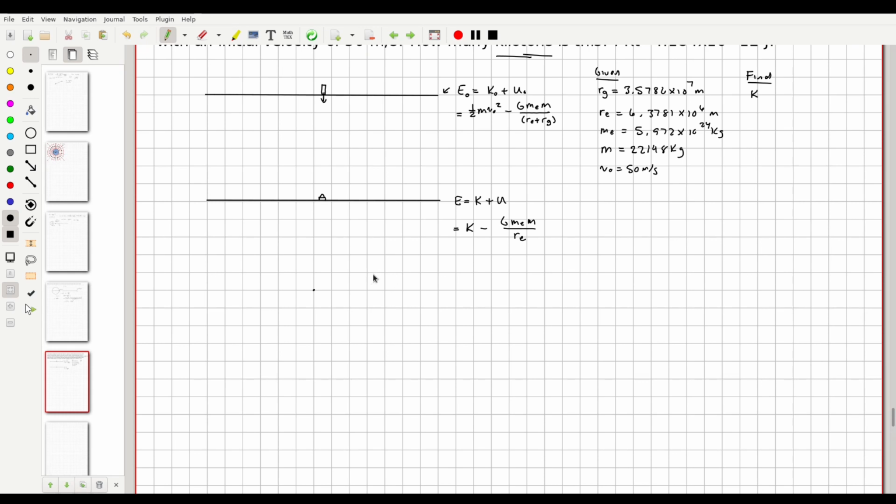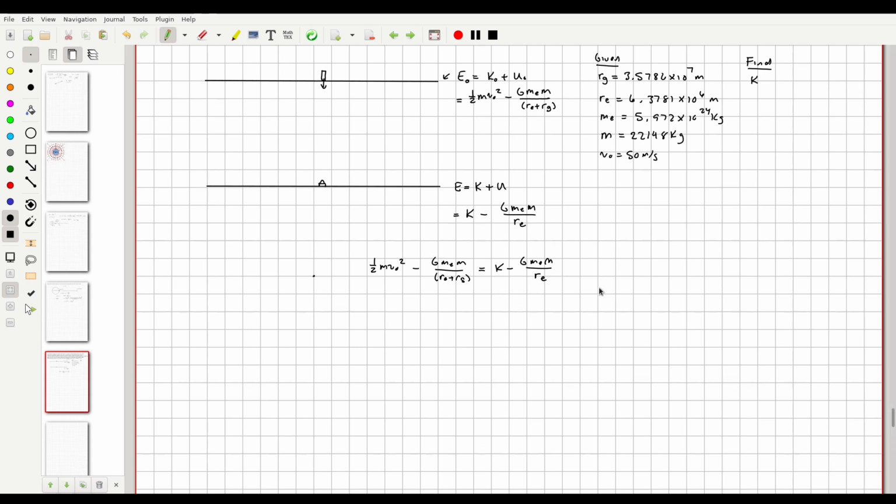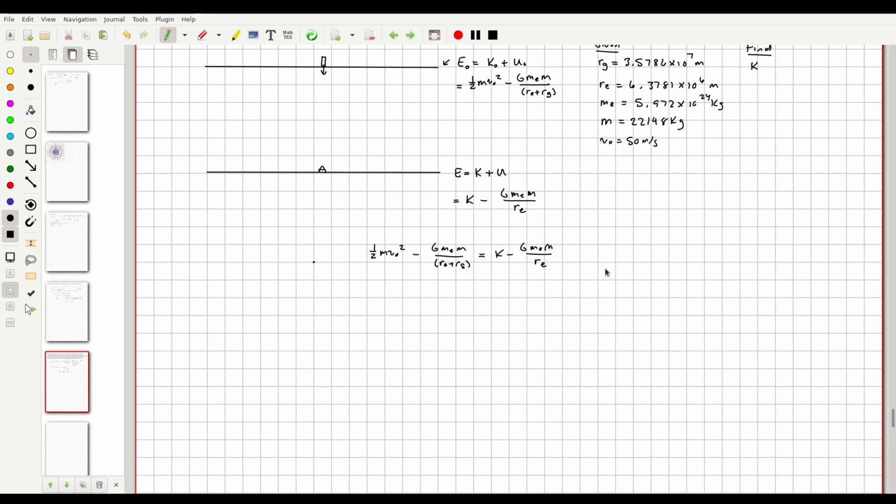So I have 1/2 m v naught squared minus G, mass of the Earth, mass of the crowbar, divided by r sub e plus r sub g, is equal to K minus G, mass of the Earth, mass of the crowbar, divided by r sub e. And all I'm doing is solving for K, like I said.